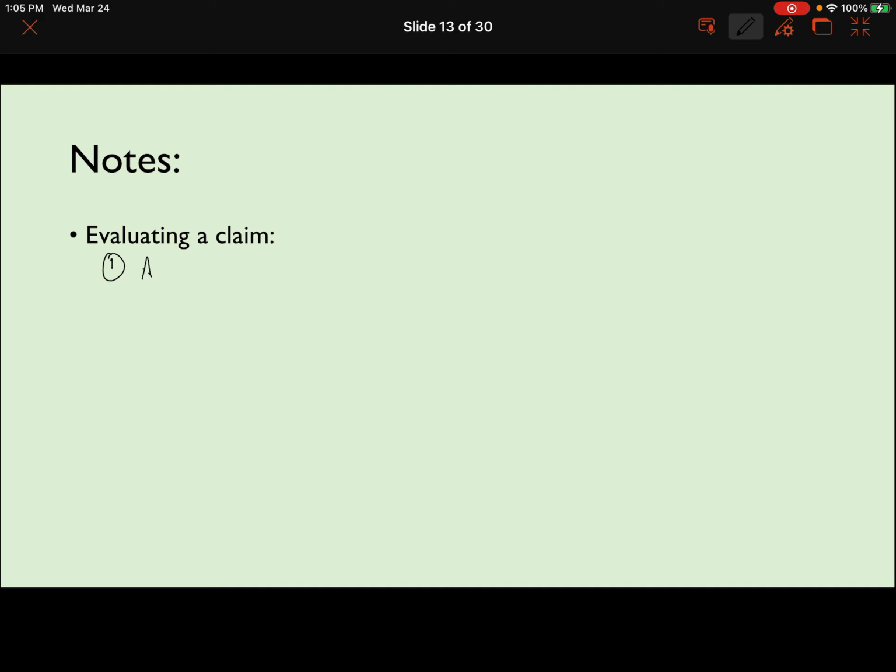We're going to assume the claim is true. We're going to create a simulated sampling distribution.